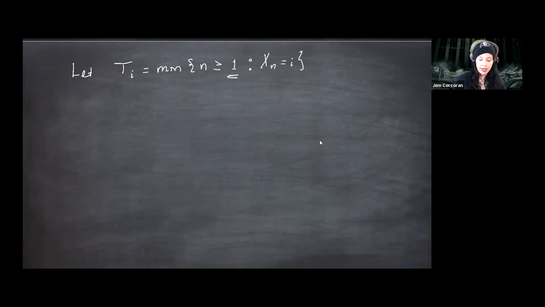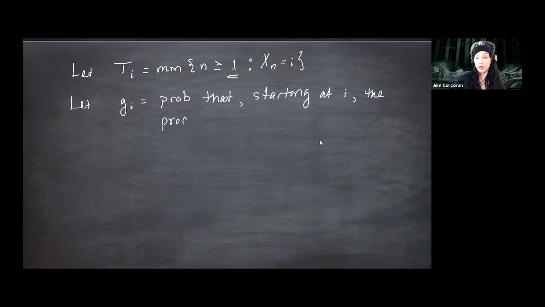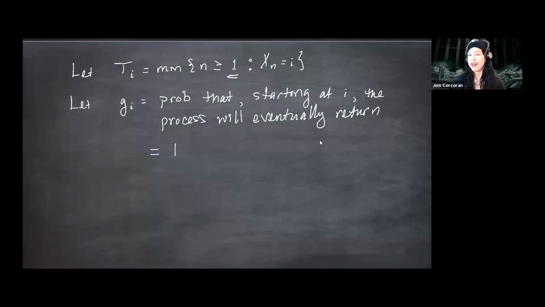And I'm going to let g_i be, first in English and then with some mathy notation, the probability that starting at i, the process will eventually return. Formally, this is the probability that the first hitting time on state i at times greater than 0 is finite, given that we start in state i.